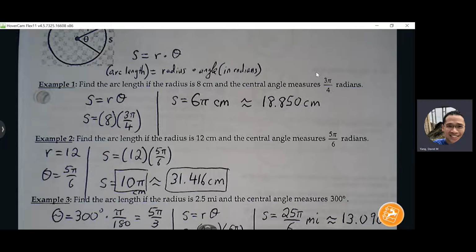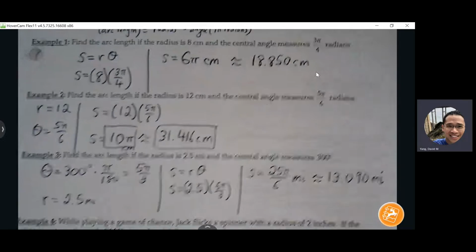But we have to make sure that we don't put radians here. Arc length is in terms of centimeters. So even though there's pi there, we still want to make sure that our unit of measure is centimeters. Number 2, same idea. Insert 12 in for radius, 5 pi over 6 for theta.